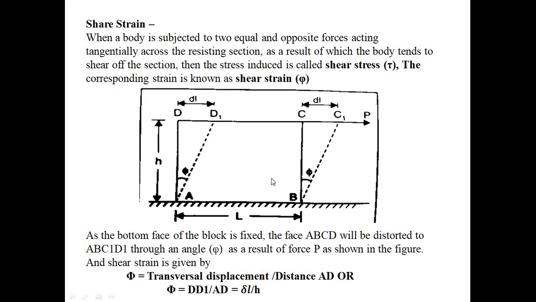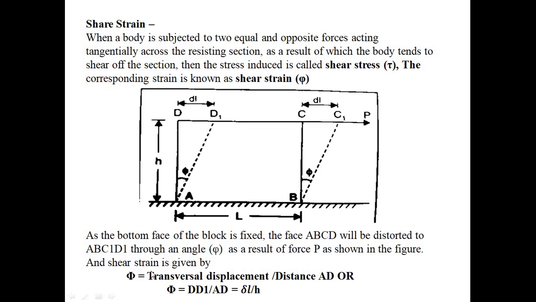In this image we can see a block ABCD having height h and length L, which is fixed at the base. As the bottom face of the block is fixed, the face ABCD will be distorted to ABC1D1 through an angle phi as a result of force P, as shown in the figure.